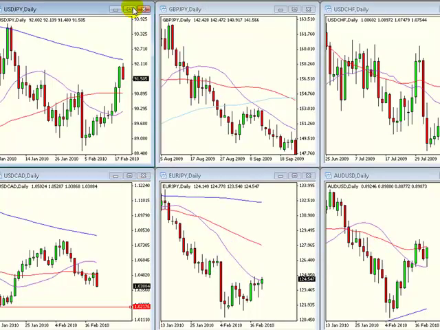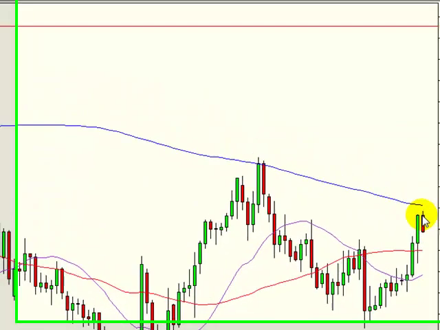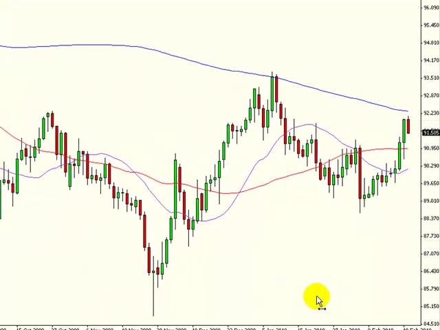Okay, the next pair we'll be looking at is the US dollar yen, and you can see here that we had up all week, but then Friday it topped out around 190, or about around 92. You can see the moving average here was resistance. So what I would be looking for is for the next candle to be dropping down and close.